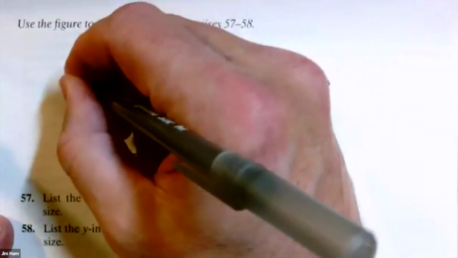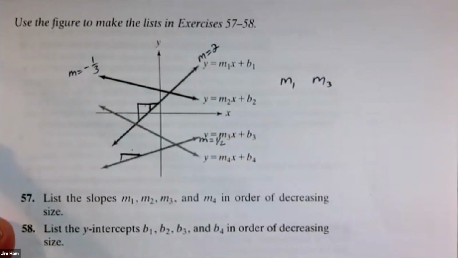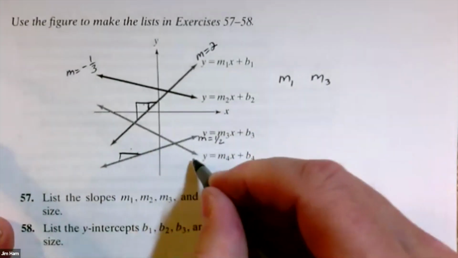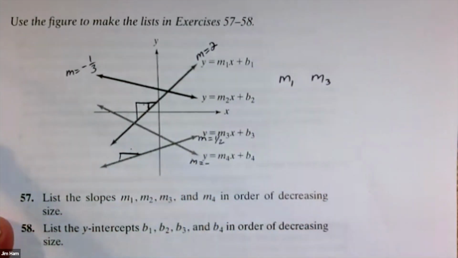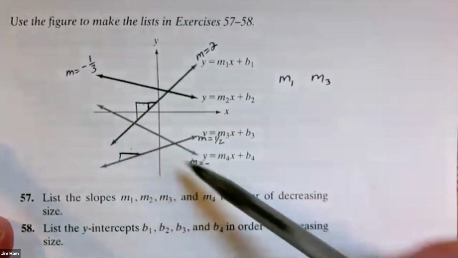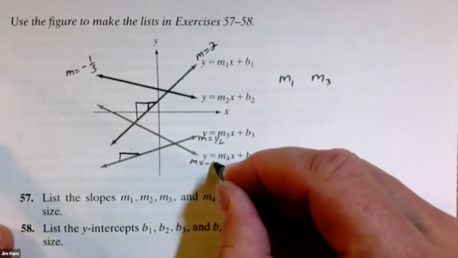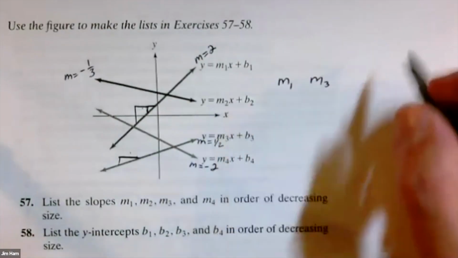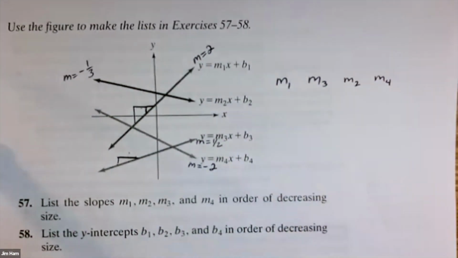So if this one is negative, say 1/3, then this one here would also be negative, but since it's steeper, decreasing at a greater rate, it's going to be a larger number than that. So maybe it's -2. So M2 would come next, and then finally M4 would be the smallest. So if this is what you wrote, and I see that in there for many of you, that would be correct. So you're focusing on the steepness of the line.